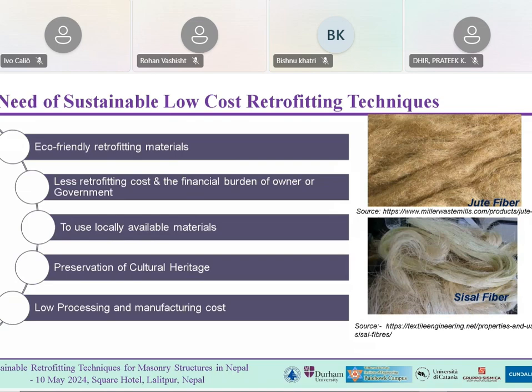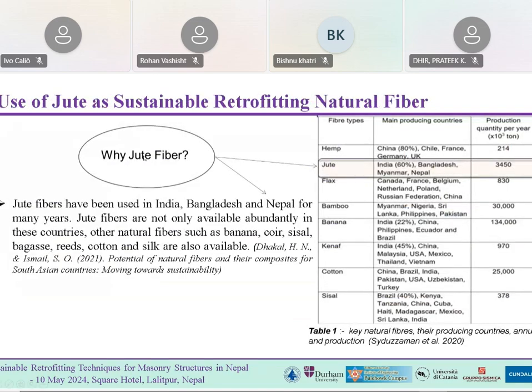Actually this topic is about sustainability, so we need to find eco-friendly retrofitting materials, whose initial material cost is less compared to those fibers available in the market. So to use locally available materials, with preservation of cultural heritage and low processing cost, we have selected jute fiber as a viable material.